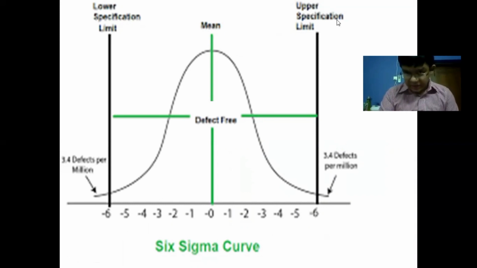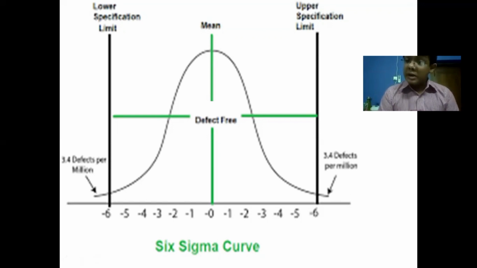And this is the upper specification limit, or maximum length in our case. And the data to the right of this upper limit are greater than the upper value, so they are also out of limit, or defects.